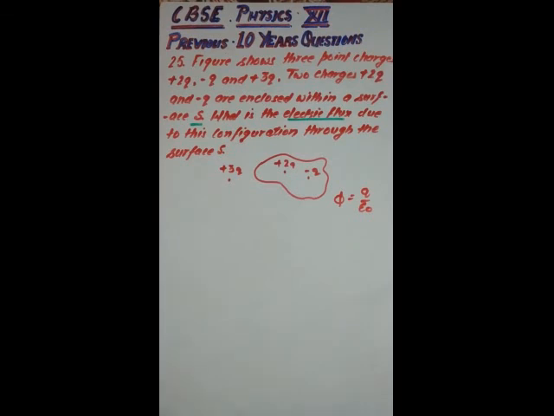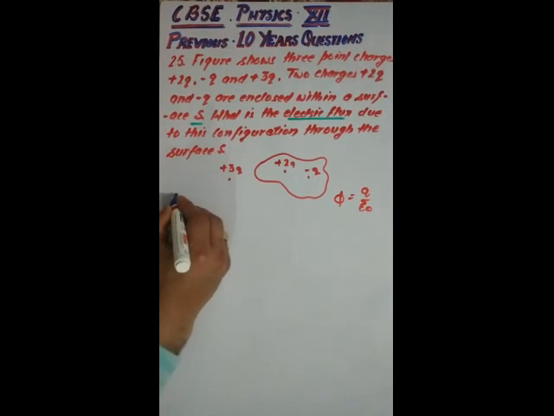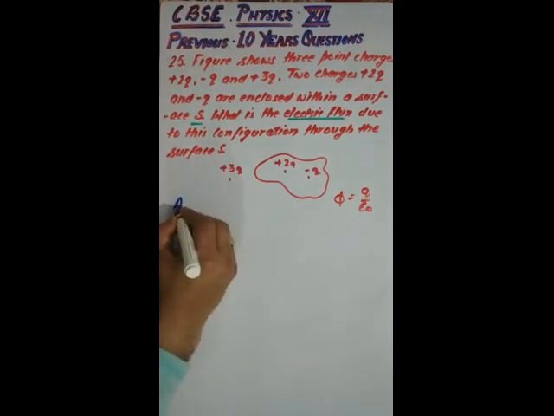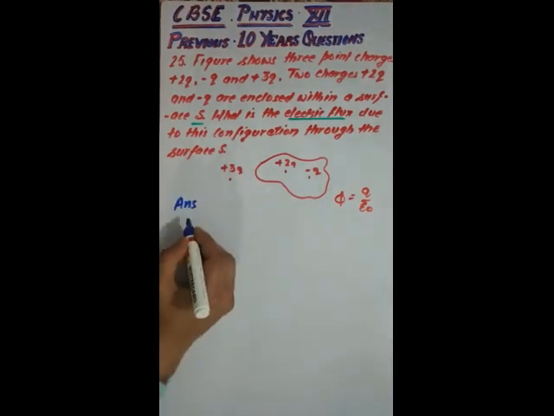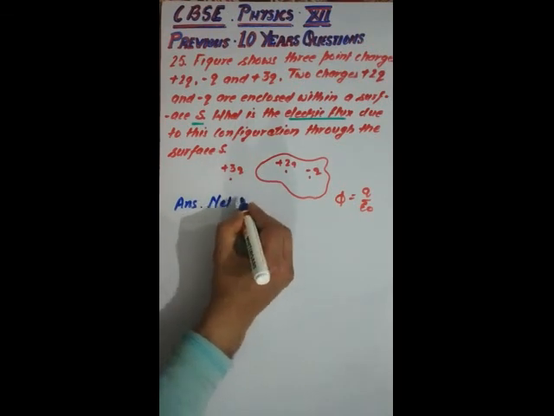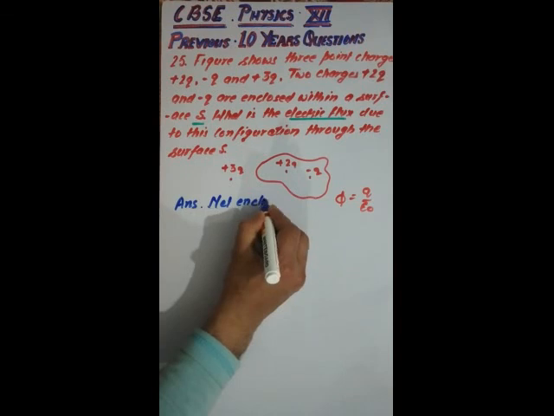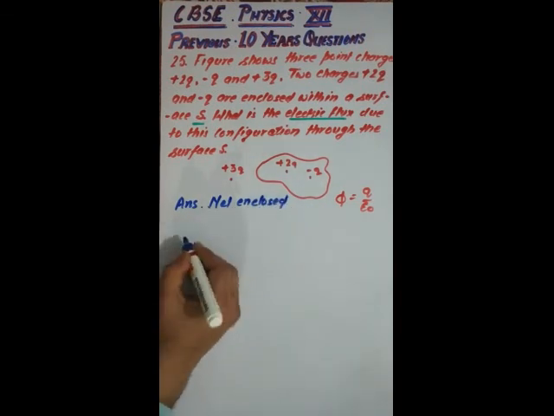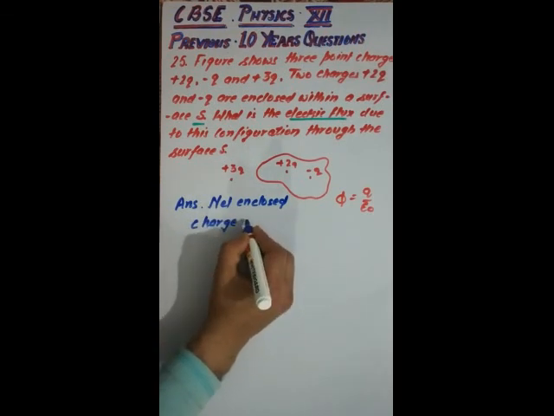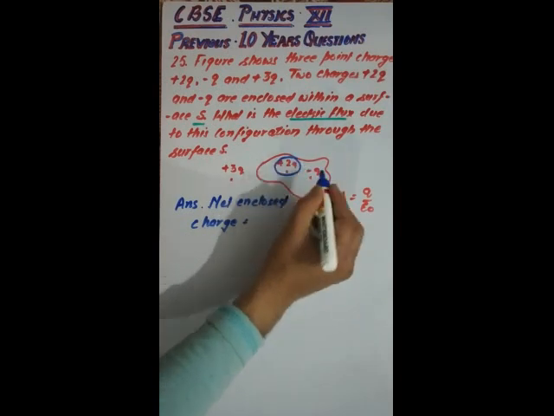So here we can write, the net enclosed charges are 2q and negative q.